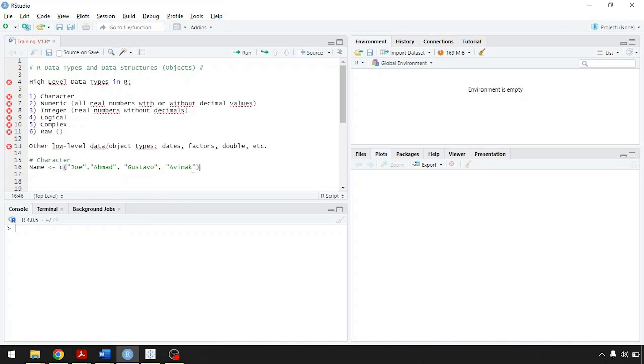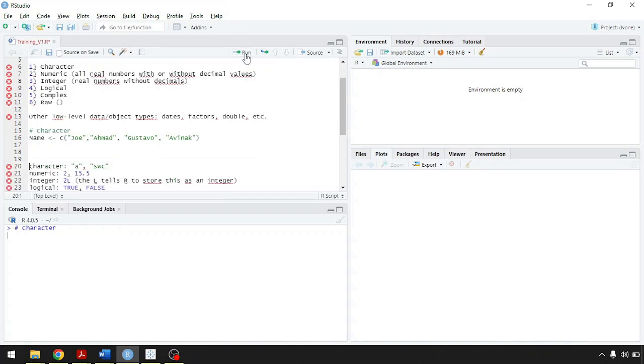I made sure that each time I put these names, I put quotation marks so that R knows that these are actually character data. So that's one of the ways to register a character variable into R. We just run this one, the name, and we just registered name as a character variable here.